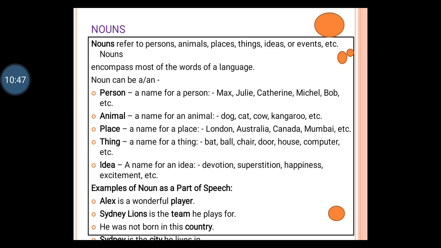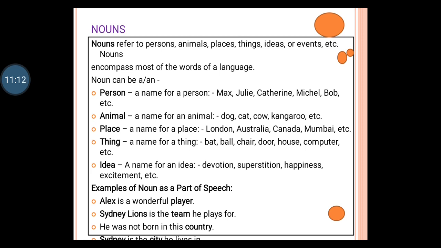It can also be a thing, the name of a thing: bat, ball, chair, door, house, computer. If you check around you in your bedroom, you have a lot of things in your bedroom. All those things are nouns. The TV there, your box, the wardrobe, the curtains, the windows.